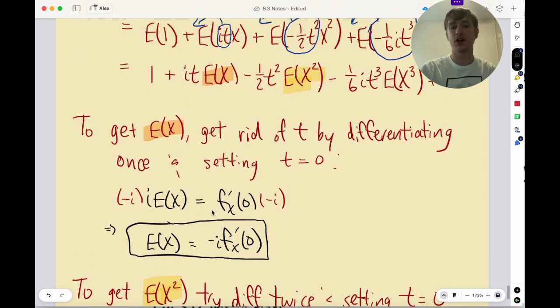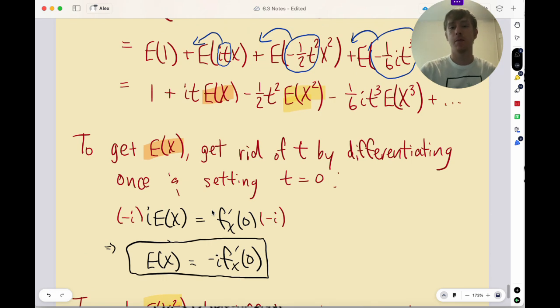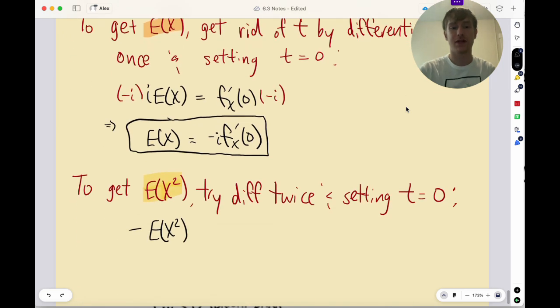And you're going to have a bunch of other terms, but when you differentiate twice, every subsequent term is going to have a t in it. So when you plug in t equals 0, those immediately cancel. And you get that minus the expected value of x squared is what you get when you differentiate twice and plug in t equals 0.